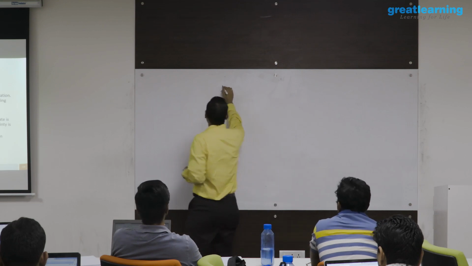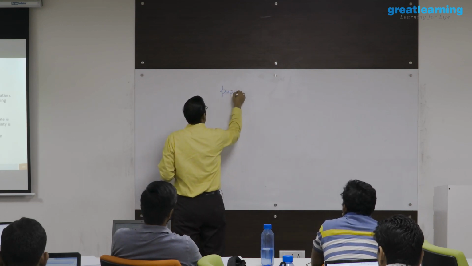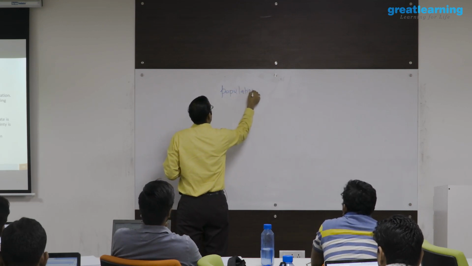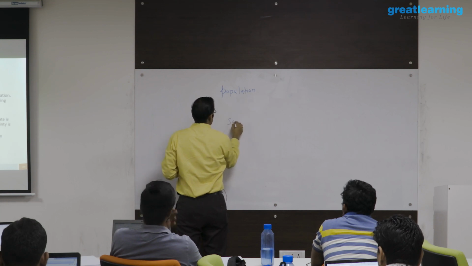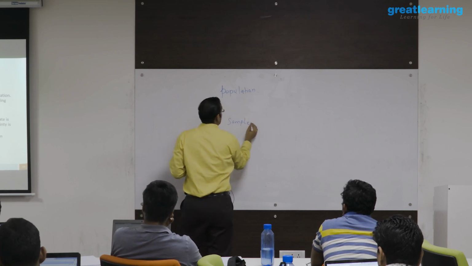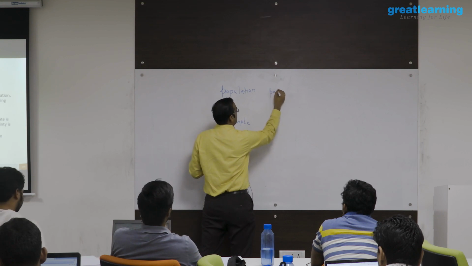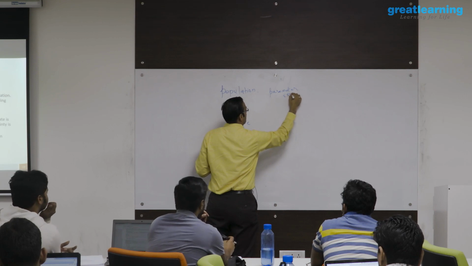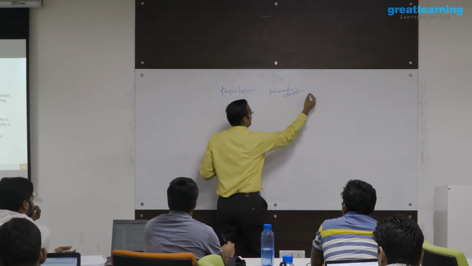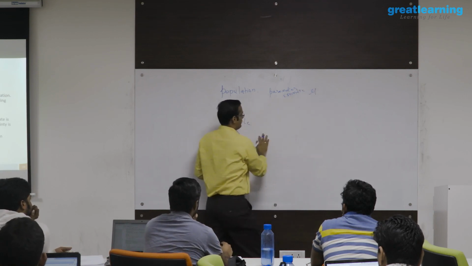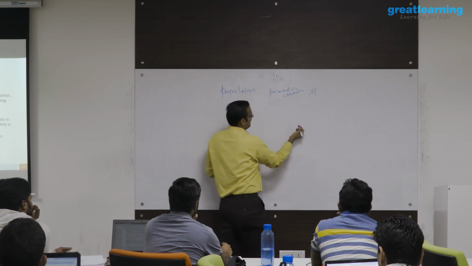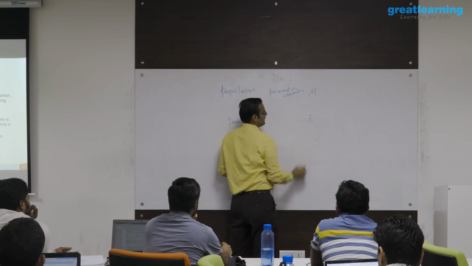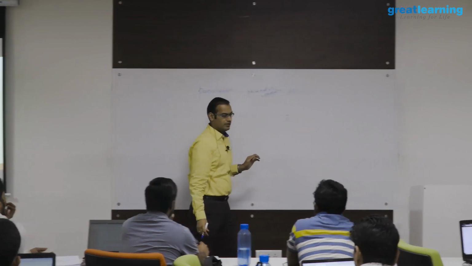There's a population, there's a sample, there's a parameter estimate. Mu is a population parameter, and I compute for the sample the mean, that is x bar.